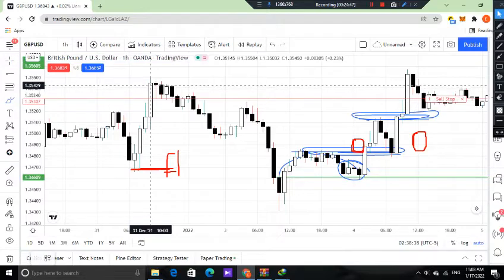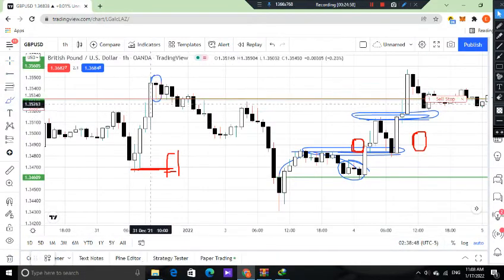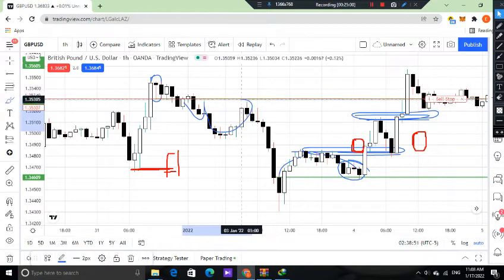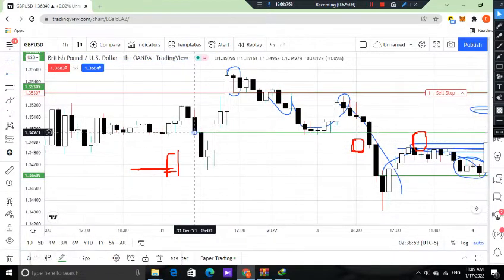This one, signal bar, and its low price as a resistance, here and here. And also we can consider exhaustion gaps like this one as a support.